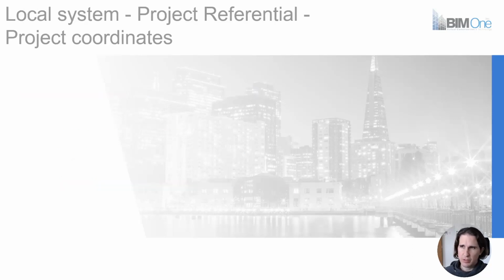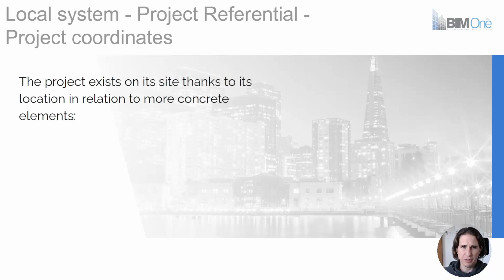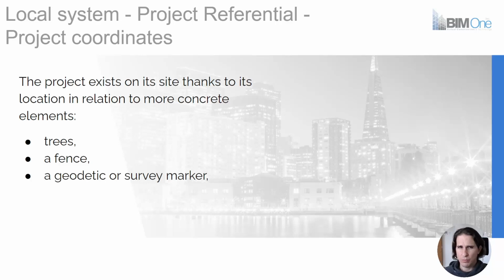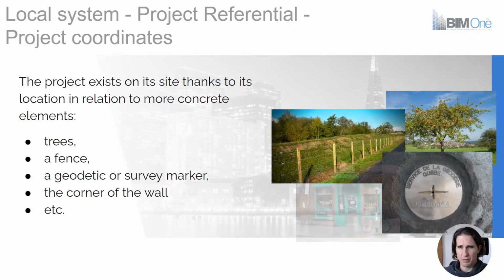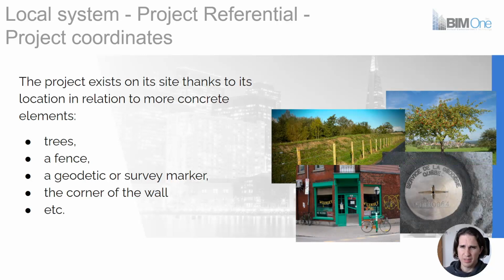Now we'll talk about the local system itself. So the local system, if you think about it, the project exists on its site thanks to its location in relation to more concrete elements. Take the trees, a fence, geodetic markers or a survey marker, the corner of a wall, etc. All these tangible elements could be the local system of origin, helping us by allowing for simpler coordinates.